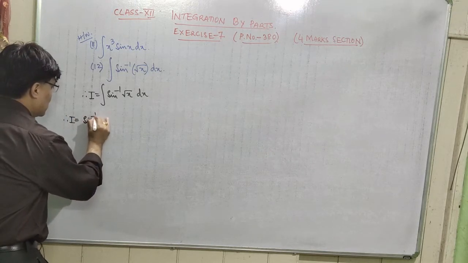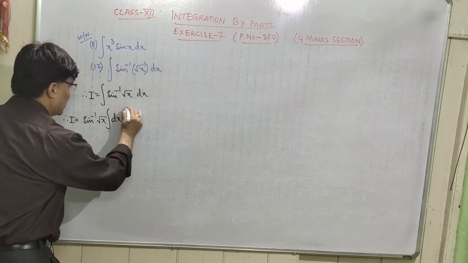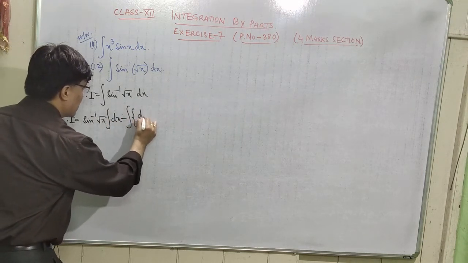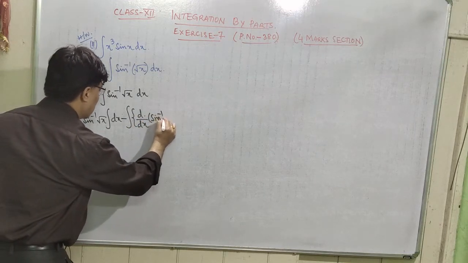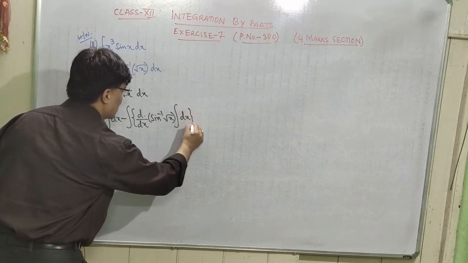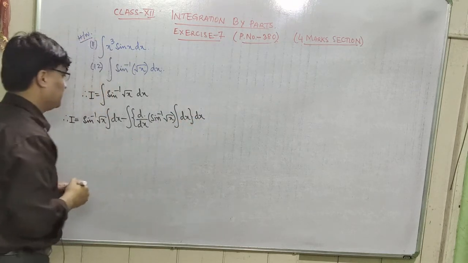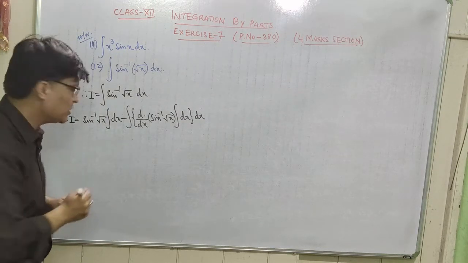So sine inverse root over x is taken outside, integral sine dx minus integration of, second bracket, d by dx of sine inverse root over x, integral sine dx second bracket close dx. Is that clear? So it is integrated by parts.